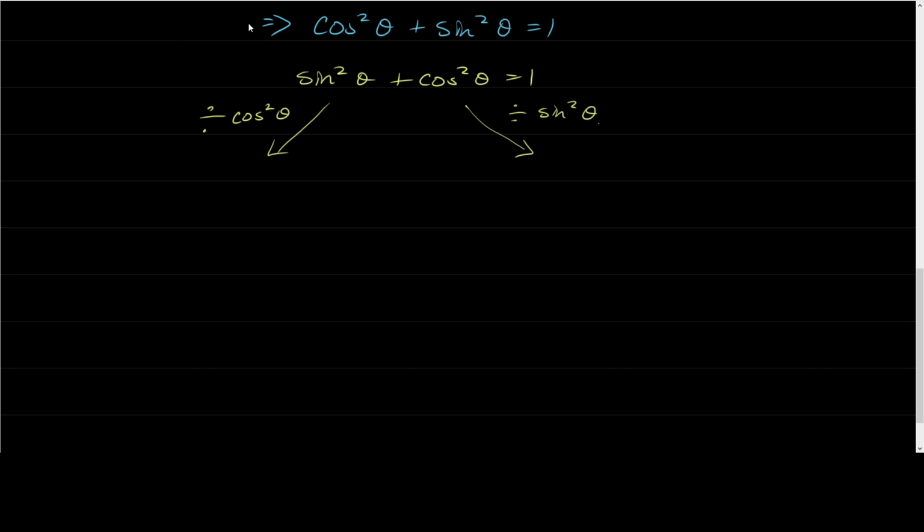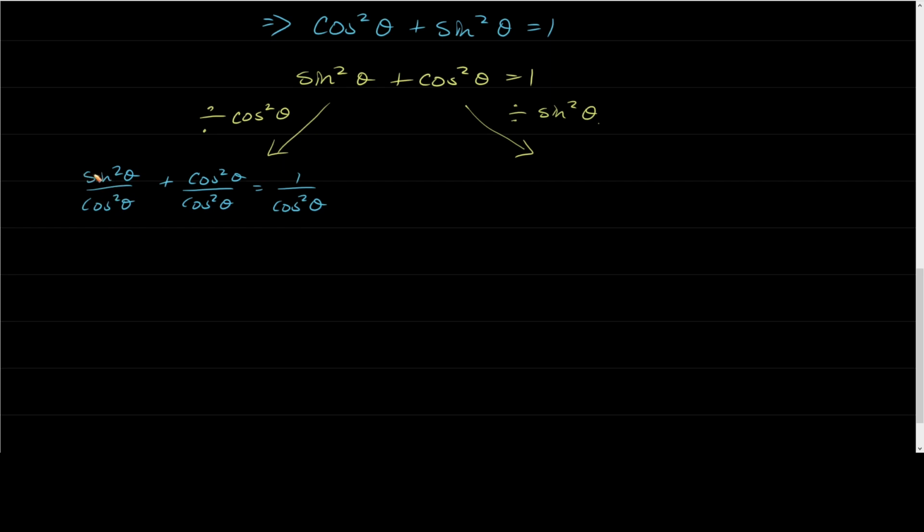Now let's see what that gives us. If I take sine squared theta over cosine squared theta, plus cosine squared over cosine squared, that is equal to 1 over cosine squared. So that was dividing the entire equation by cosine squared.